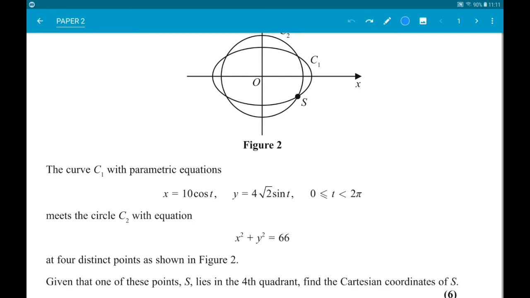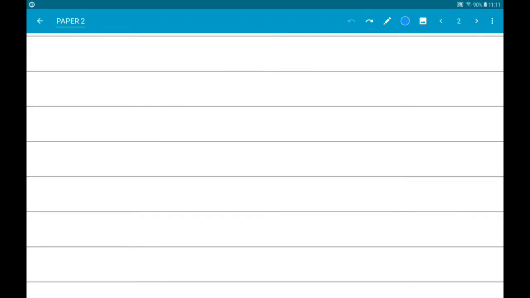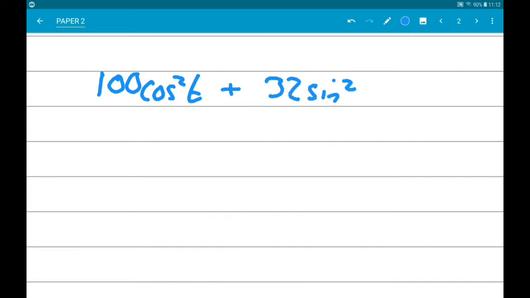So that's going to give us 100 cos squared t and now 4 root 2 squared is 16 times 2, so 32 sine squared t and that is 66. Okay, we can divide through by 2.